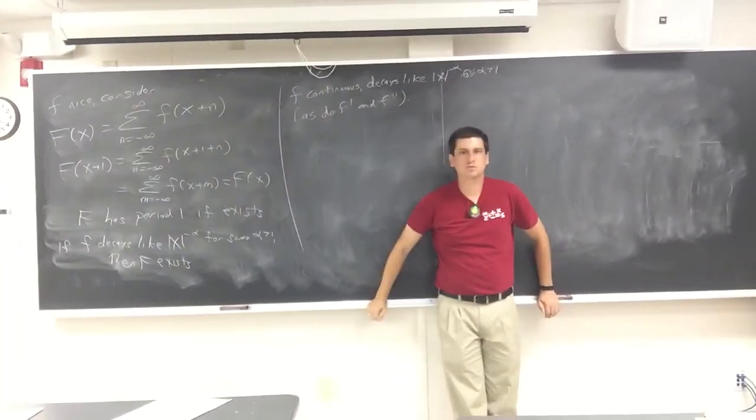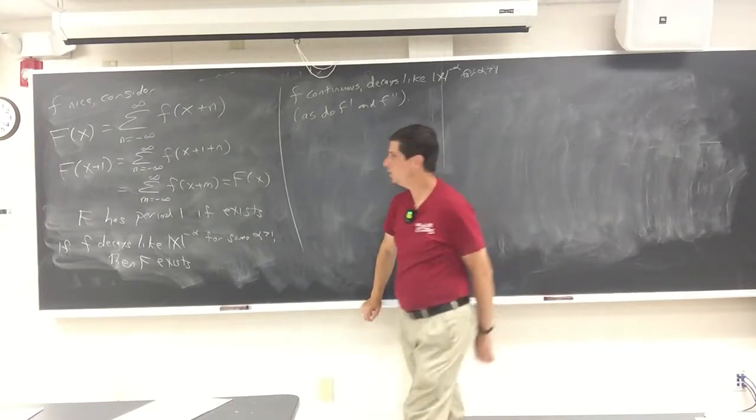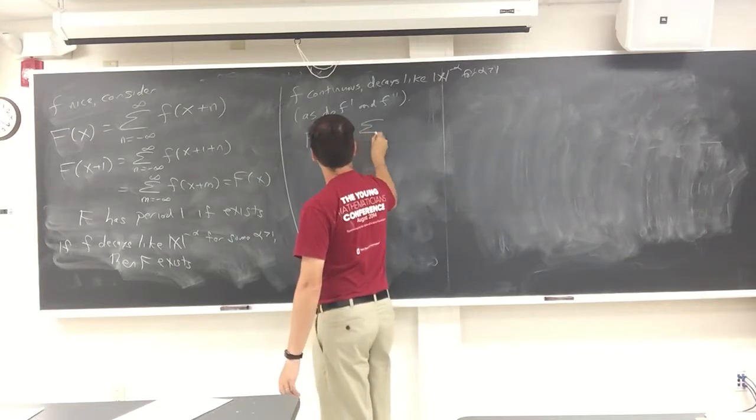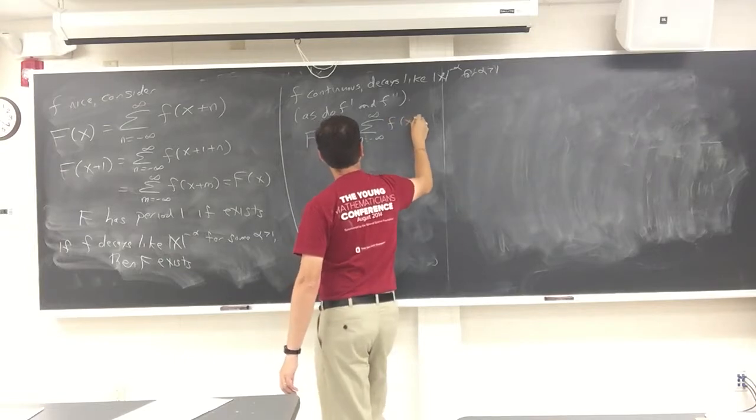So I'm going to just make some assumptions right now about the first two derivatives. I'm going to assume the derivatives also have decay. Now let's look at big F of x, which is the sum, n goes from minus infinity to infinity, of f of x plus n.